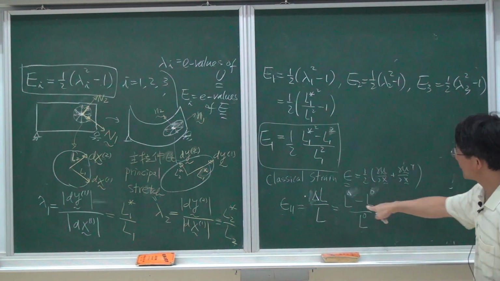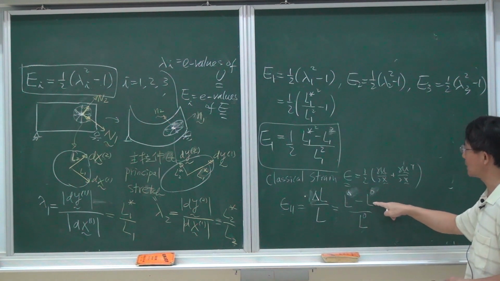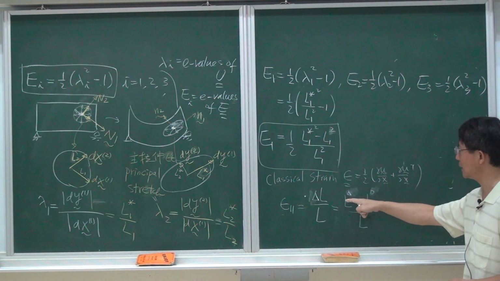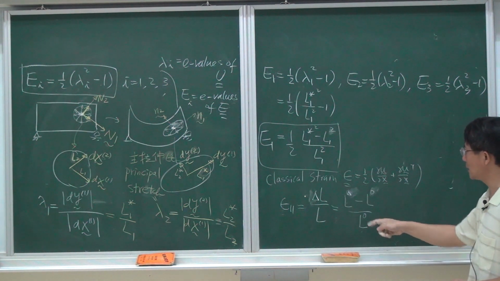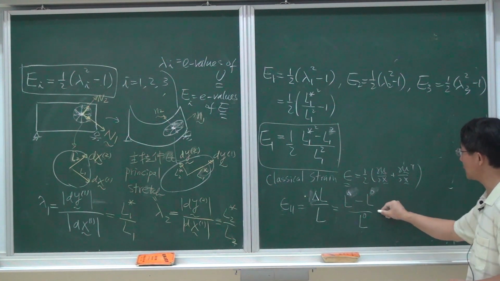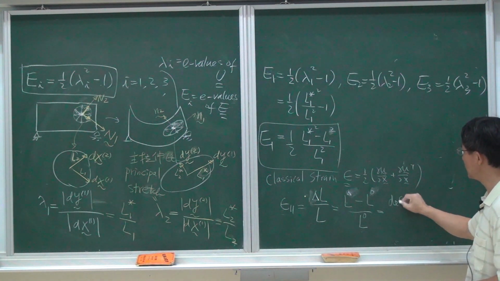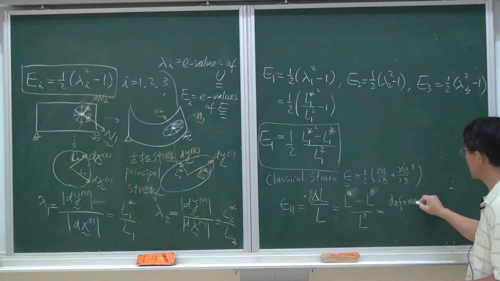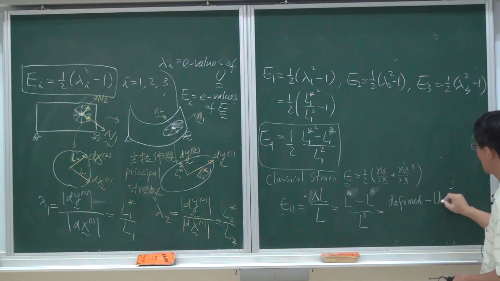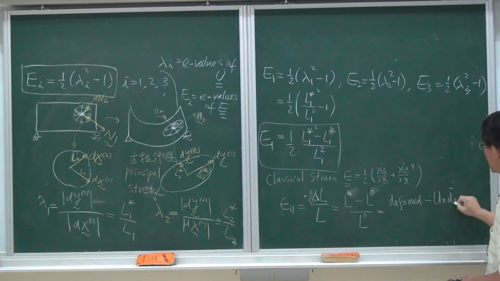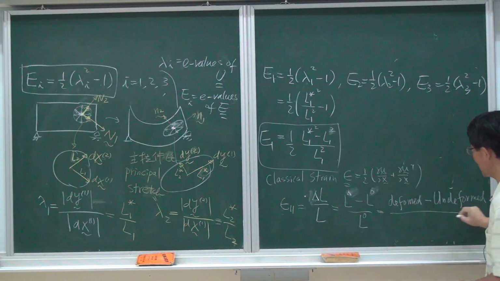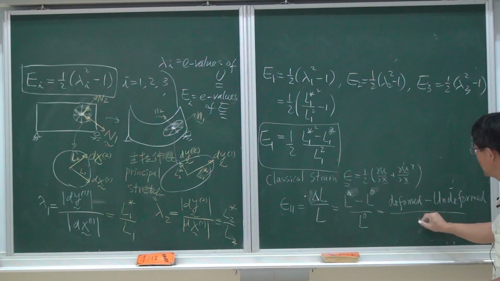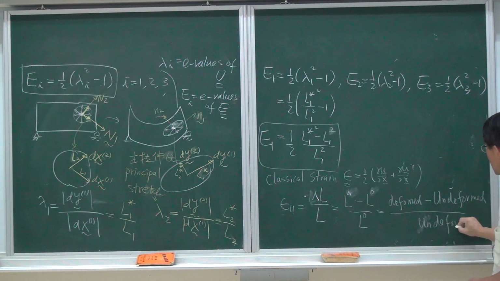Okay, the difference of the deformed material line and the undeformed material line divided by the undeformed material line: deformed minus undeformed, divided by undeformed.